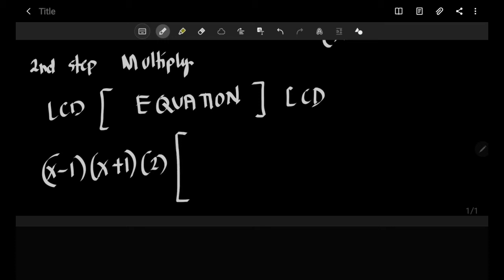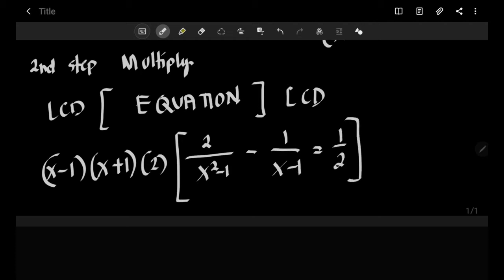And then your original equation is 2 all over x squared minus 1 minus 1 all over x minus 1 is equal to 1/2. Multiplied again by your LCD, which is x minus 1 multiplied by x plus 1 multiplied by 2.